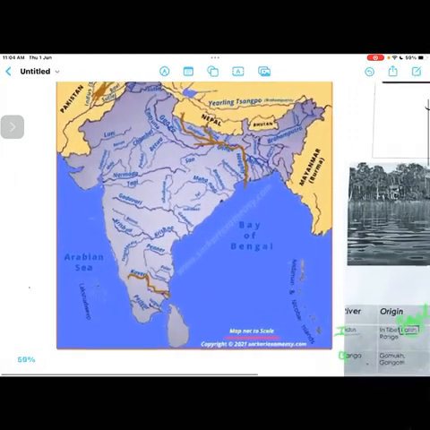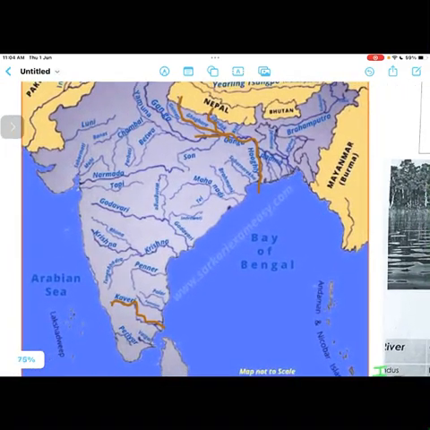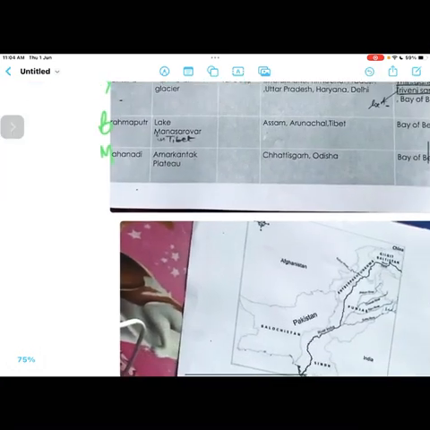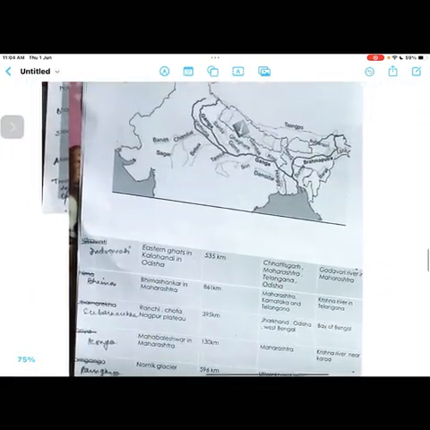Chota Nagpur Plateau is somewhere here. Okay. Is it there in the map? I cannot spot it. Alright. So let's leave this one, as I cannot spot this here on the map maybe. So it is not there. We'll see if I get another picture of this, right? No issues. Let's move ahead.